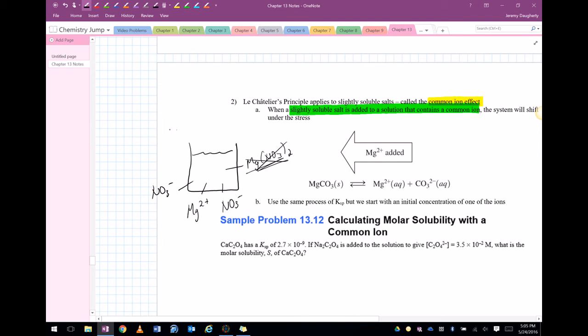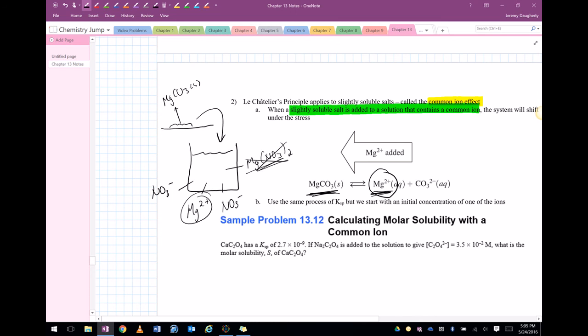Now, the question is, if I throw in magnesium carbonate, which is slightly soluble, how does that affect the slight solubility of the magnesium ion? Well, we've already got magnesium in here, and for this magnesium carbonate, there's only so much magnesium that can actually dissolve.